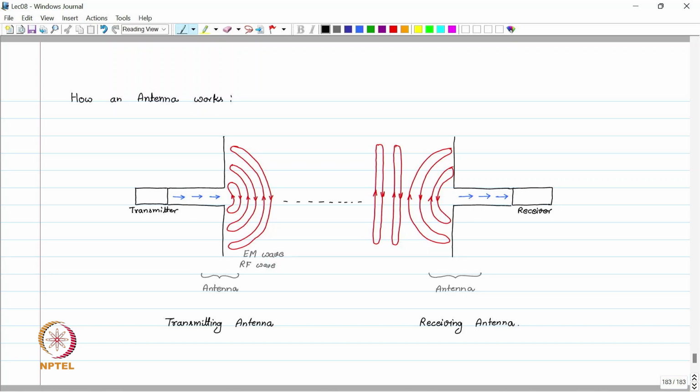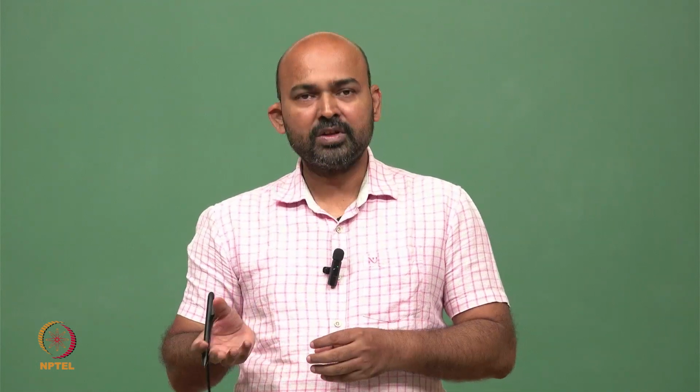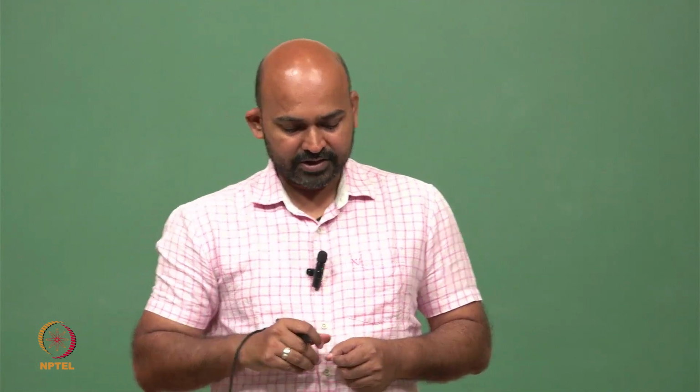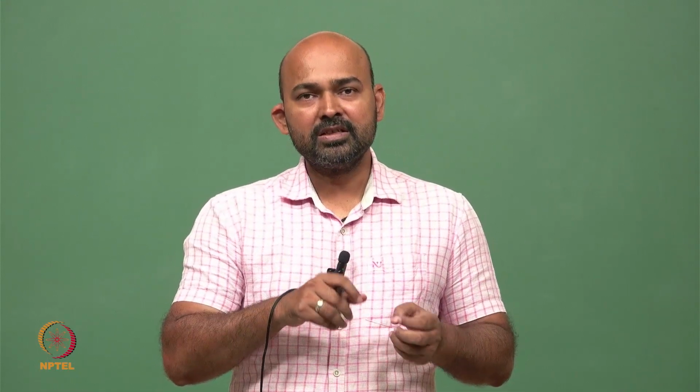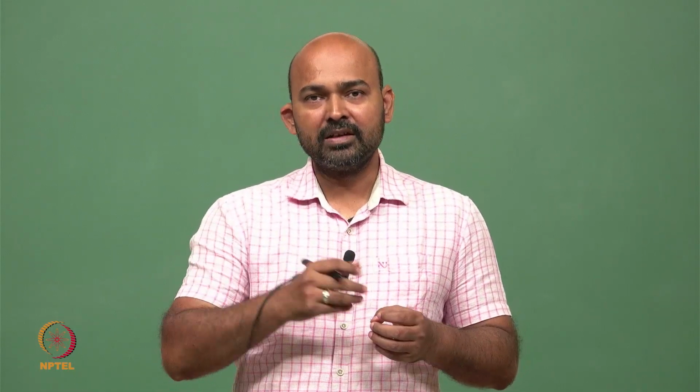So this is how these two antennas work. Transmitting and receiving antennas can be of the same size and shape, because the same antenna can be used for transmission as well as reception.